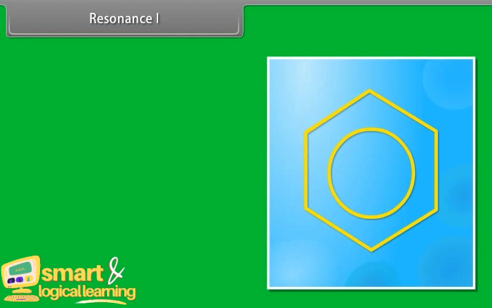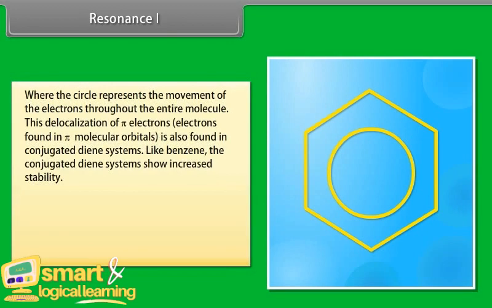The hybrid of these structures would be drawn as this, where the circle represents the movement of the electrons throughout the entire molecule. This delocalization of pi electrons, found in pi molecular orbitals, is also found in conjugated diene systems. Like benzene, the conjugated diene systems show increased stability.